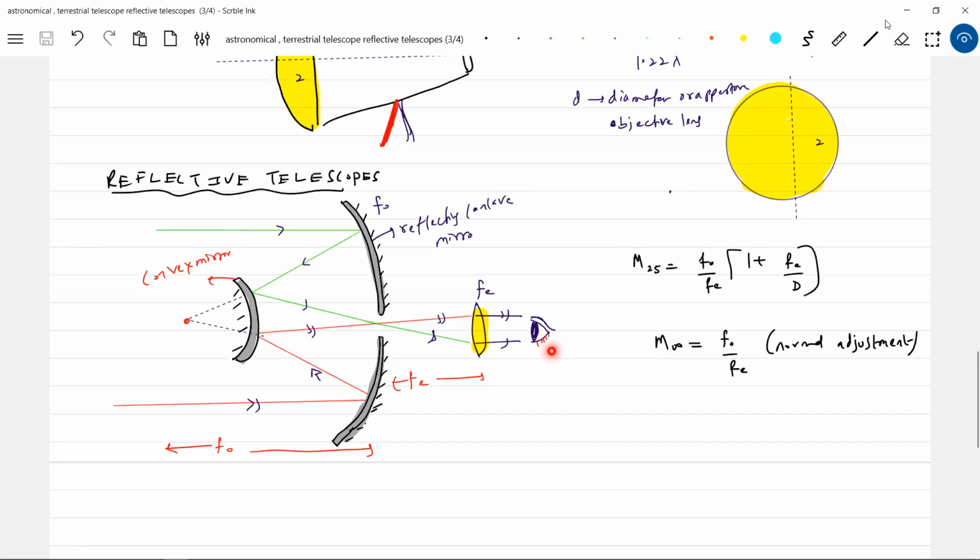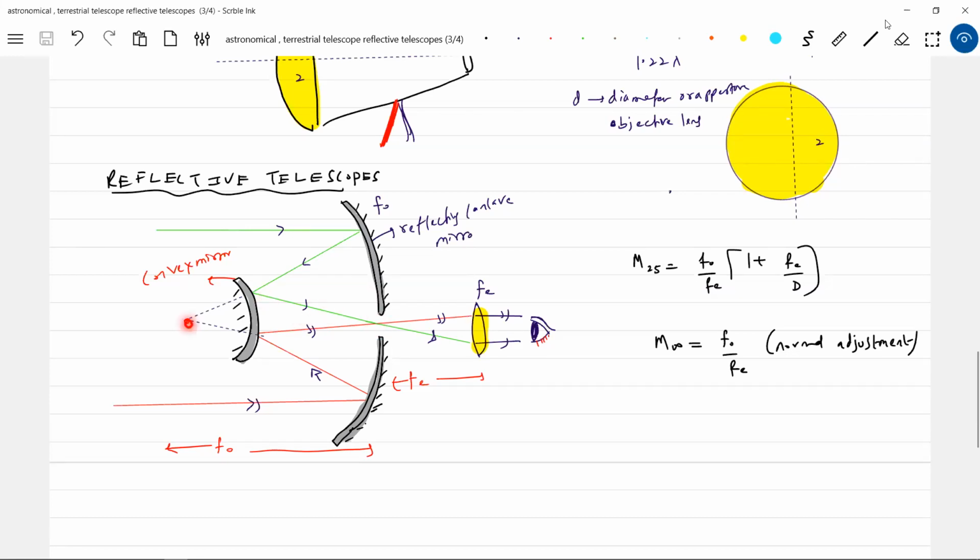They may trouble you with a question like this. This I1 will become the object for the convex mirror. It will form image I2 here or here. That I2 will become the object for this. It will form I3. If you want, you can go for a ray diagram of that also. That's why I'm not showing the rays parallel.